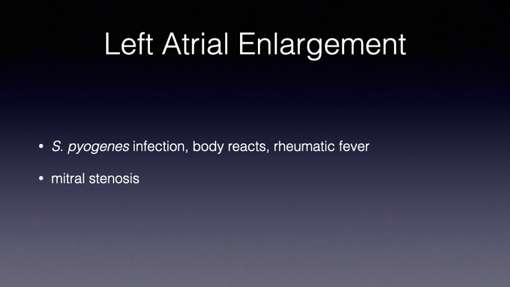Okay, let's tie it all up. If you get strep throat from Streptococcus pyogenes, the antibodies you make against the strep pyogenes M protein can cross-react with self-antigens like myosin, and you can have a type 2 hypersensitivity reaction, which we call rheumatic fever. This is a major cause of mitral stenosis.